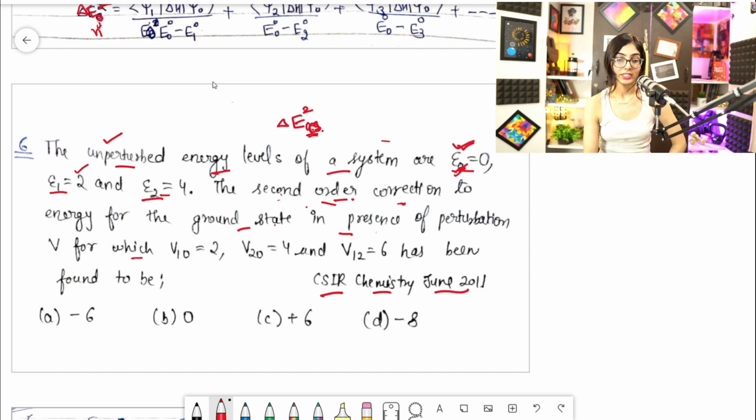The second order correction to energy for the ground state in the presence of perturbation V, for which the perturbation form is given: V10, V20, V12, and these are all given, and it has been found out to be something. So we need to find this one. Guys, when I was teaching the theory part, for people who are new here, it's my request that you go back and see the theory first, then only you'll get to know what I'm talking about.